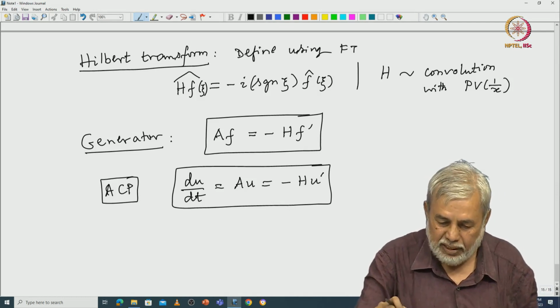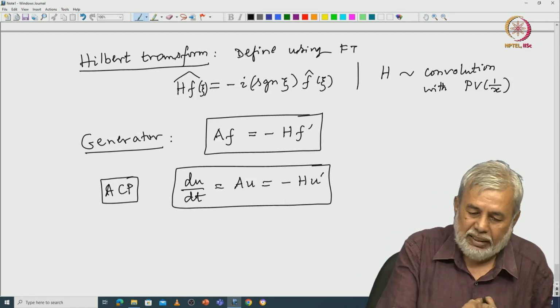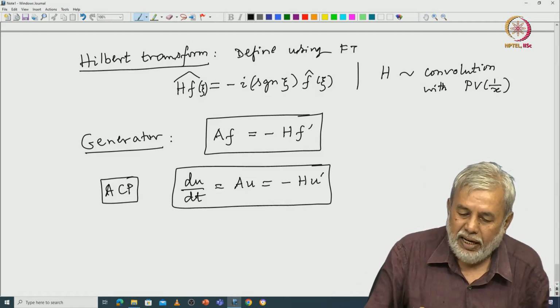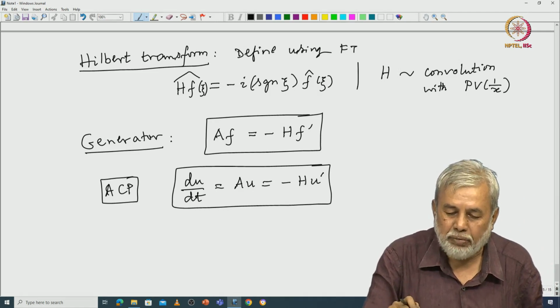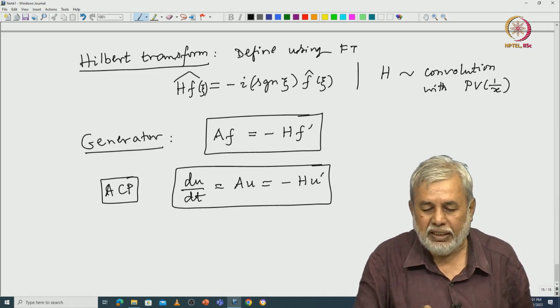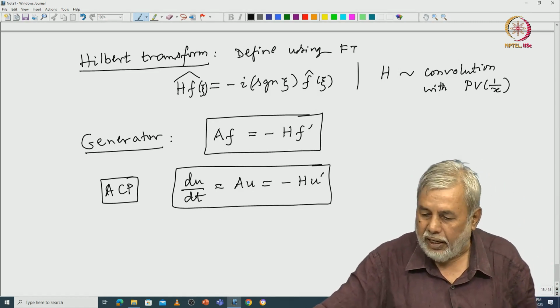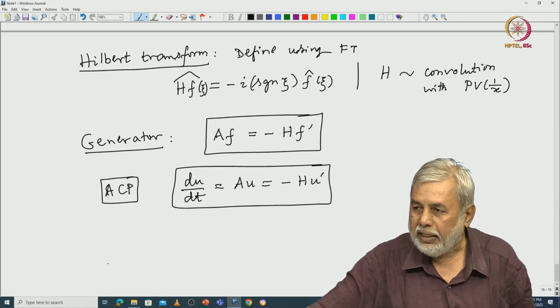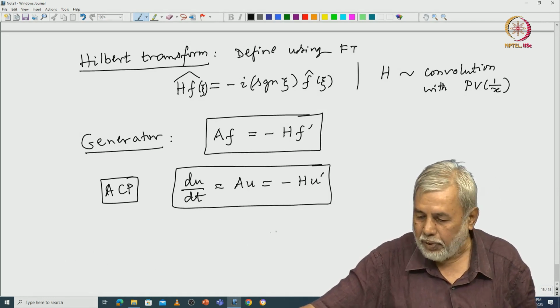So, it is not as nice as the Laplacian. So, semigroup theory can also handle singular equations. That is an important observation through this example. If you are interested, you can look into the literature regarding the Hilbert transform and its other properties.